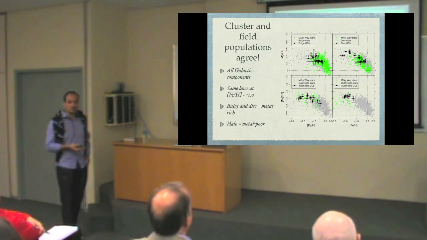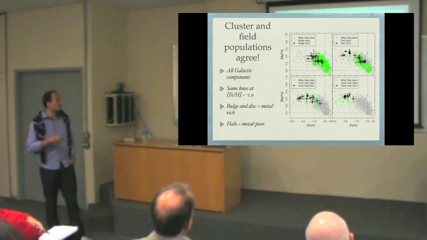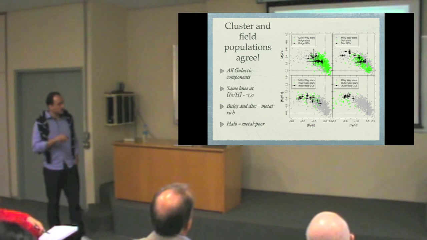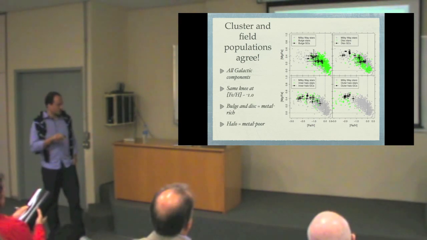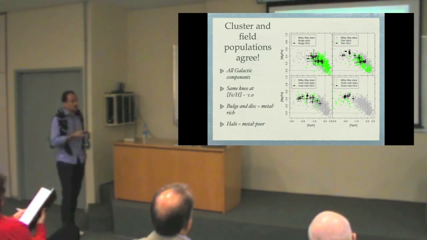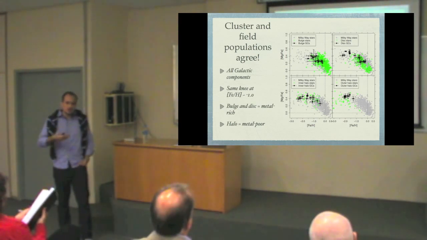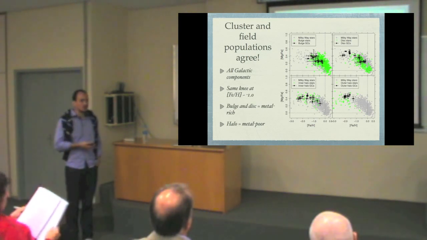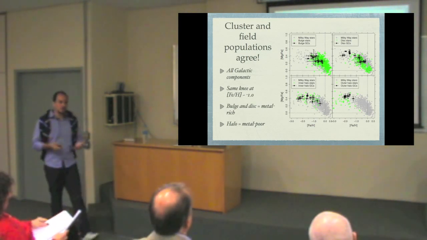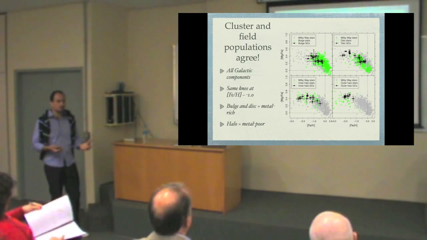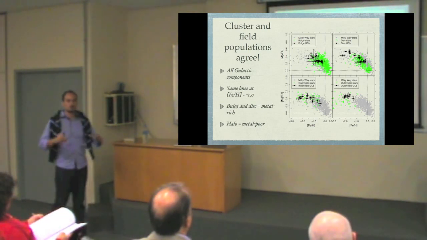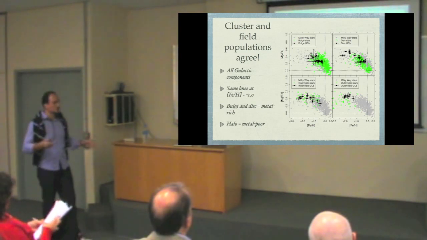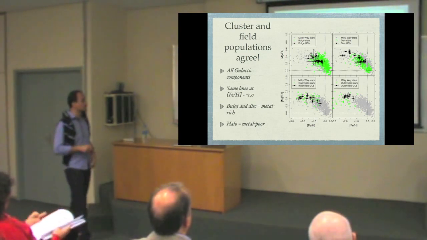And the first thing that you can see from this plot is the compatibility of globular clusters with field stars for the 4 components, which indicates that the globular clusters and the field stars should have experienced a similar star formation environment. So all globular clusters should have been formed together with the Milky Way or some related environment.